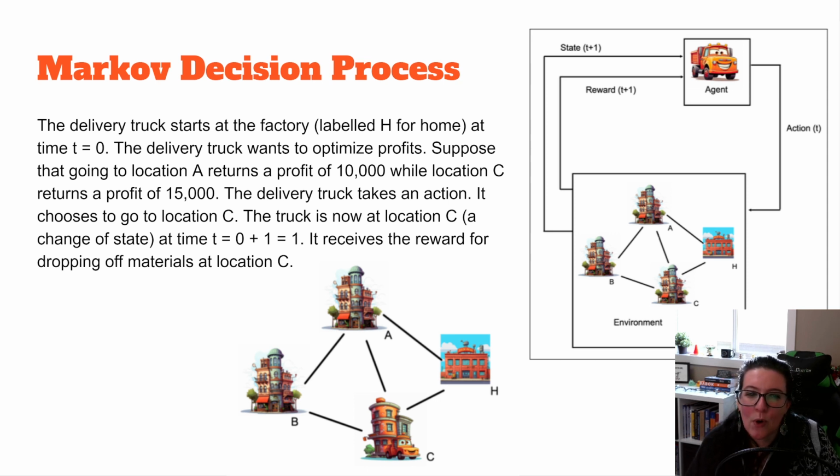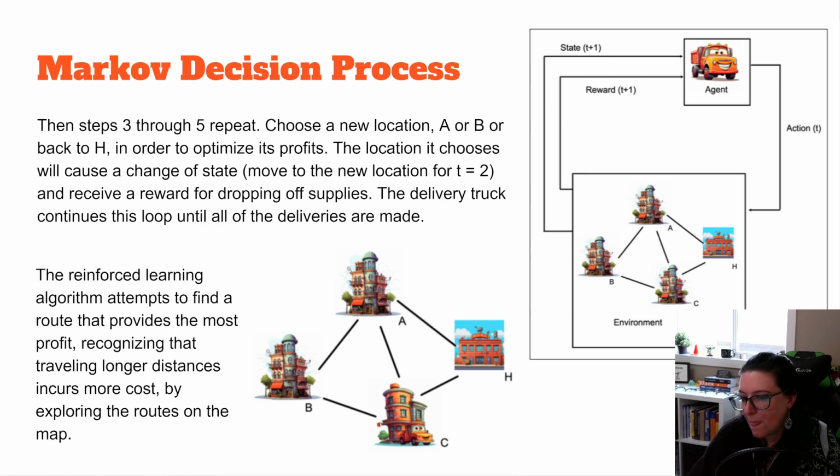It receives a reward for dropping off the materials at location C, and then because it wants to optimize profits, it's going to have to choose a new location to go to. It can go to home, A, or B. It looks at the profits for those different locations. It takes an action. And so we move throughout this environment. And we keep repeating that, right, as we move through time.